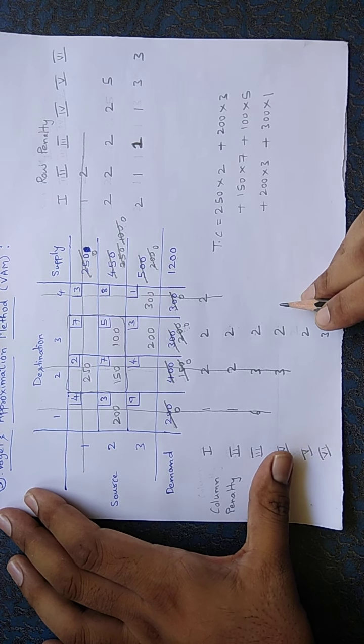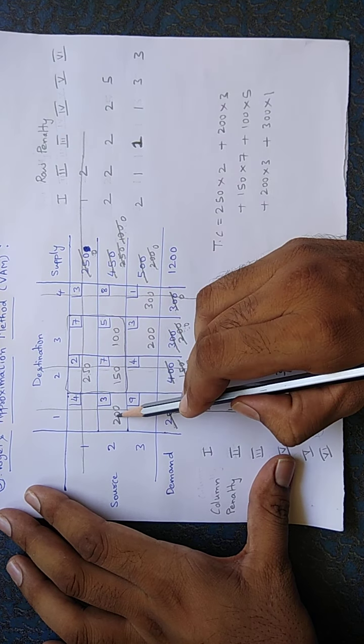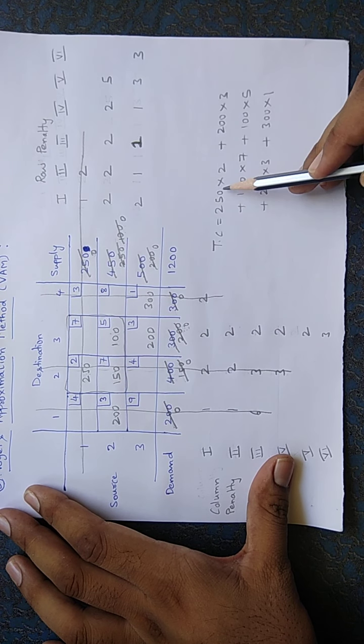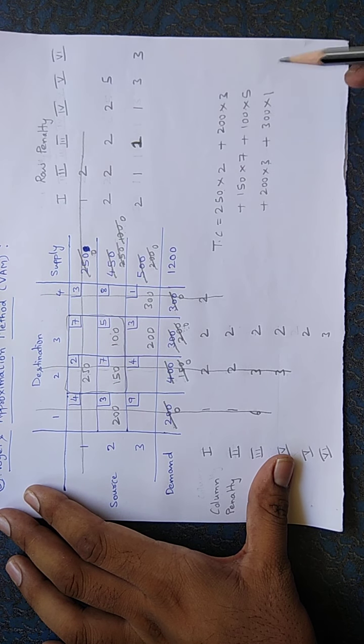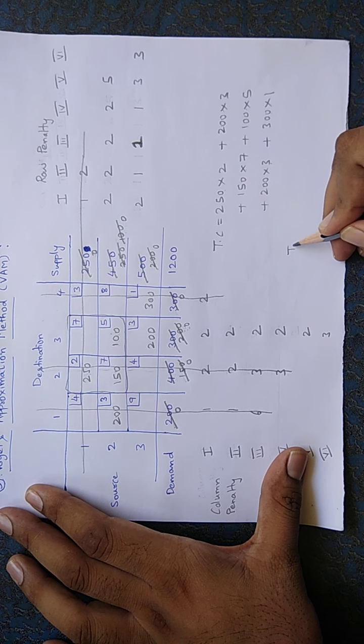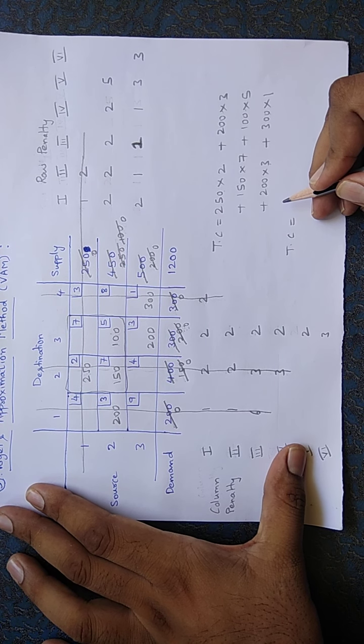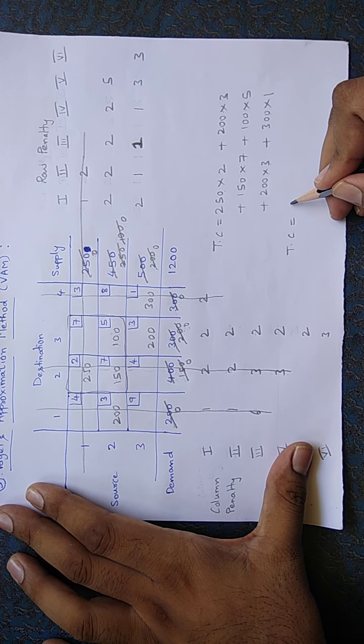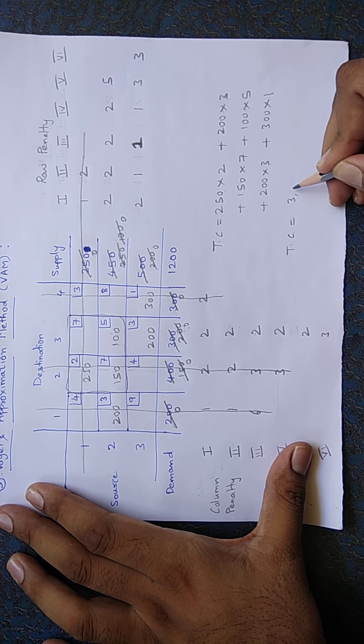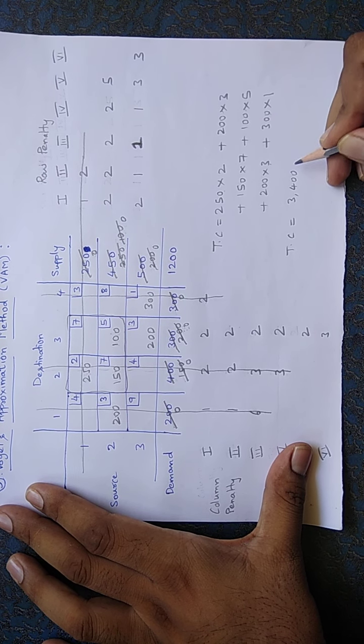Let us confirm if we have written all the things. 1, 2, 3, 4, 5 and 6. 1, 2, 3, 4, 5 and 6. So if you compute the total transportation cost using VAM method would be about 3,400.